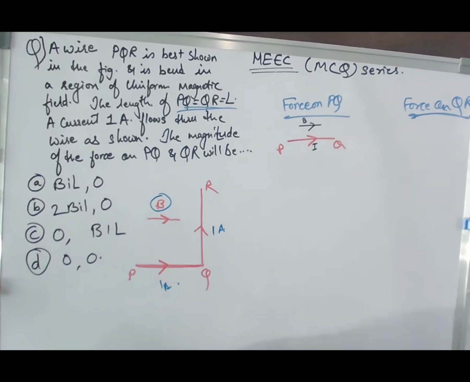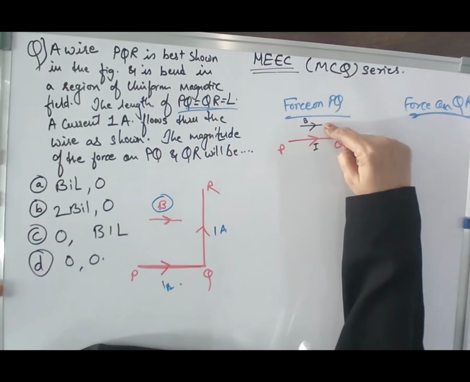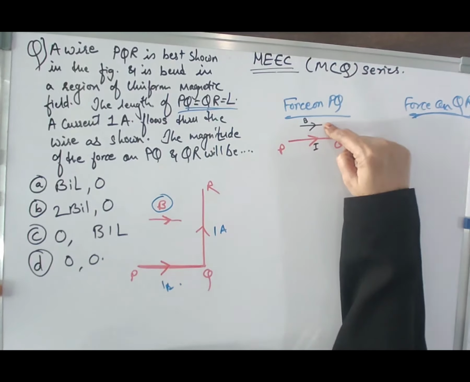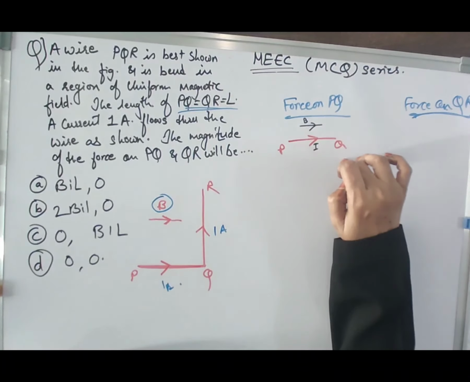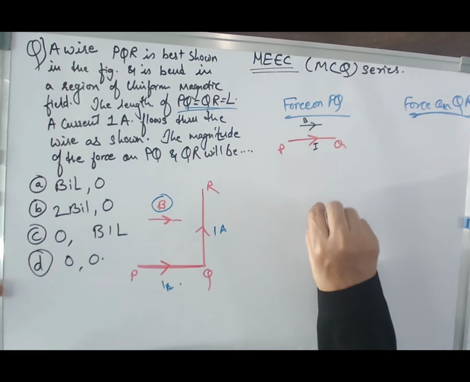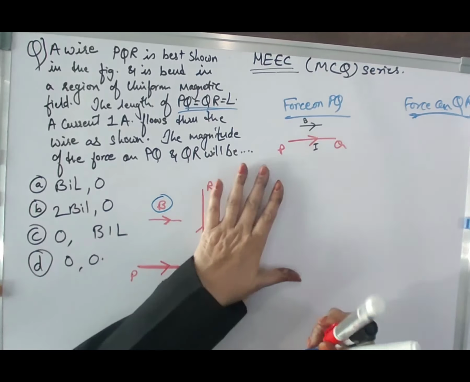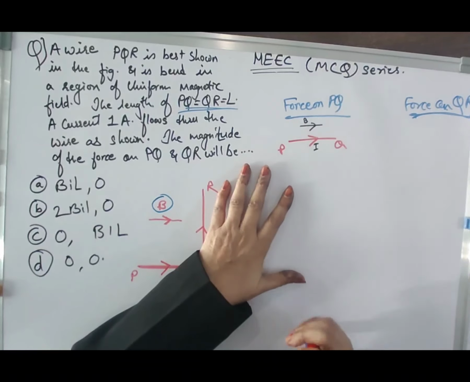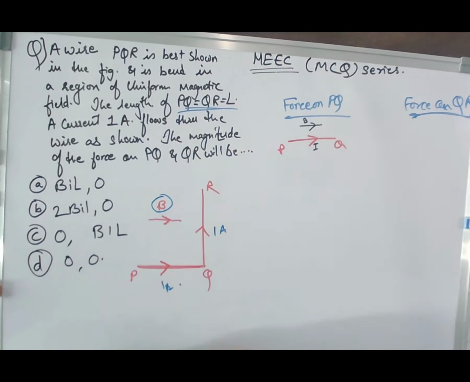The thing to note here is that B, I and length are all in the same direction. That is, the length and the magnetic field B are both parallel to each other.